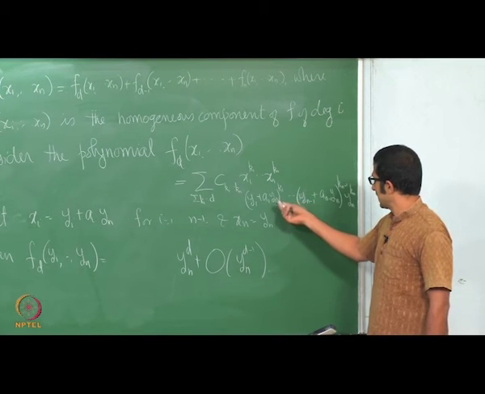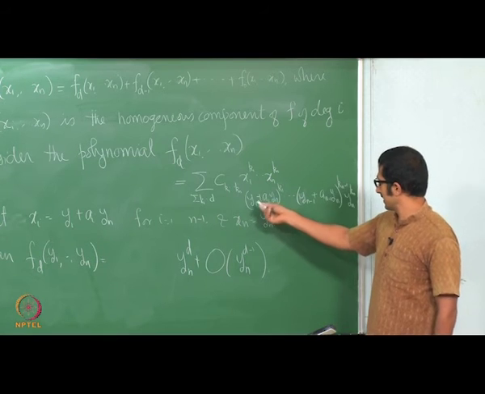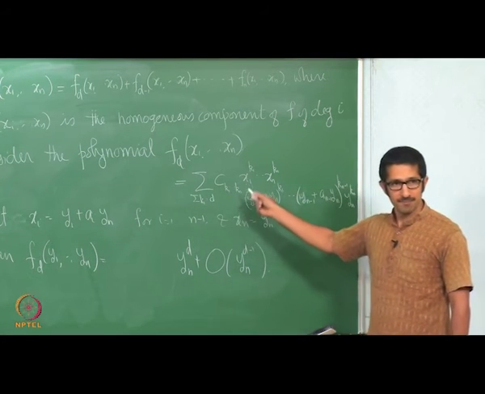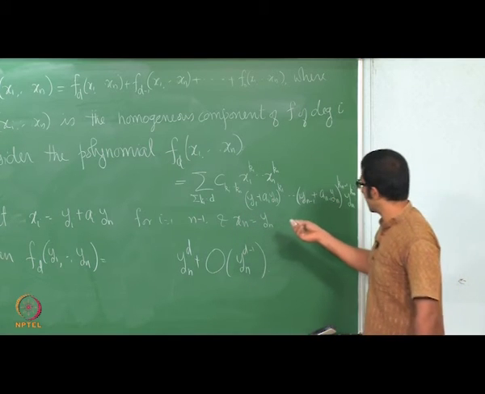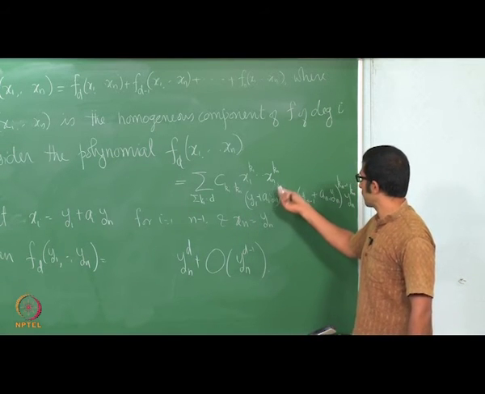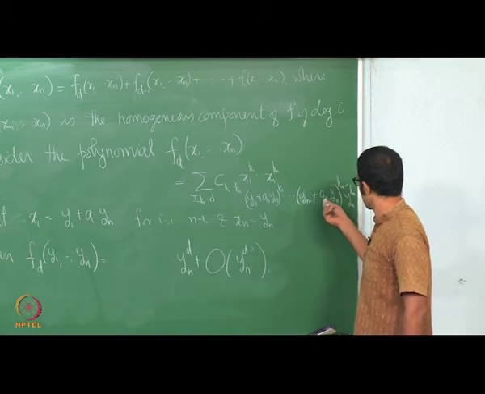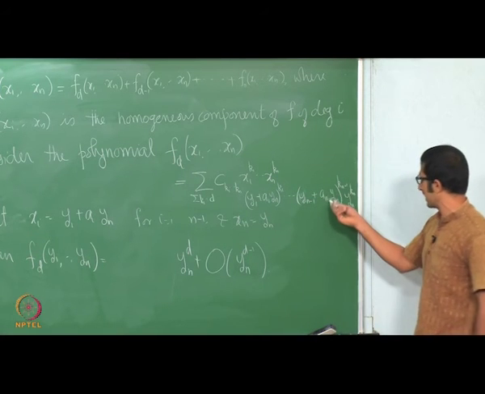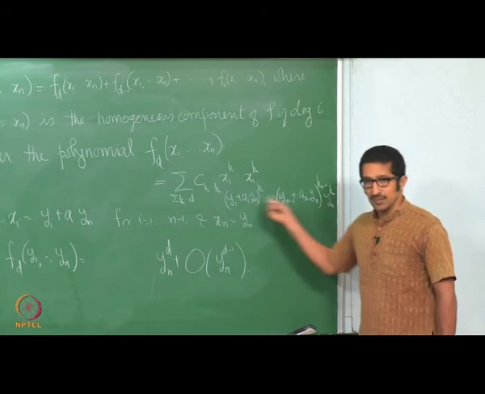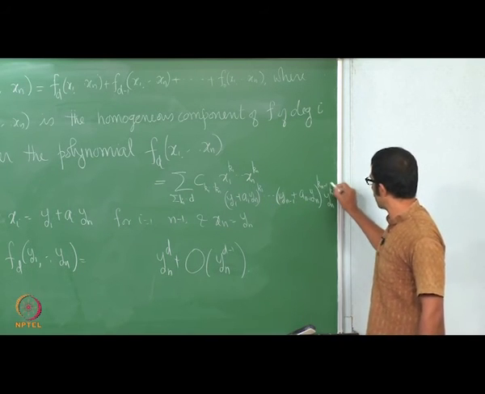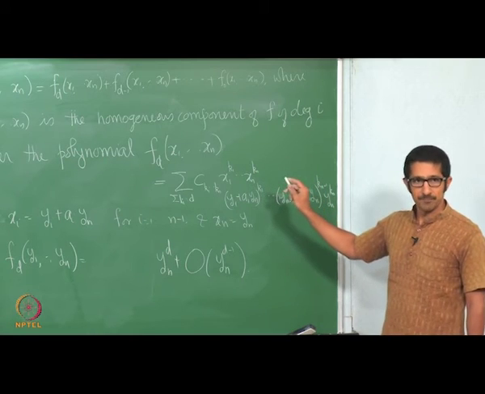I am looking at one term, this is the C_{k1 up to kn} term. In each term I will have a1 power k1 up to a n minus 1 power k n minus 1 times 1, multiplied by yn power d, right.